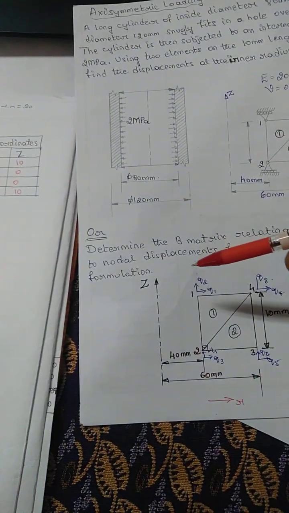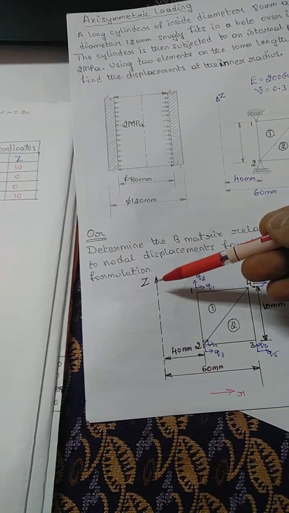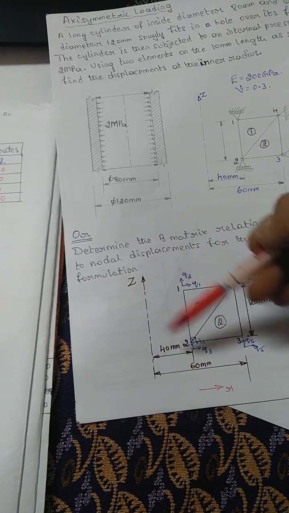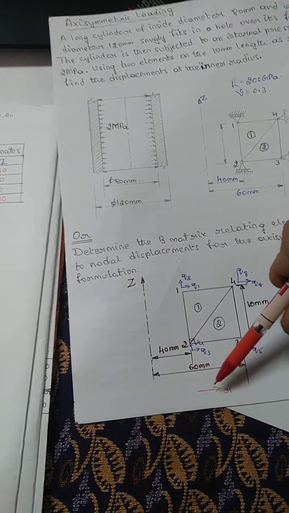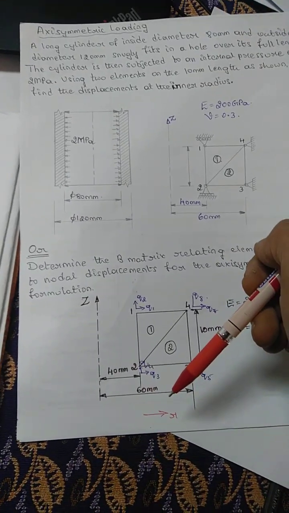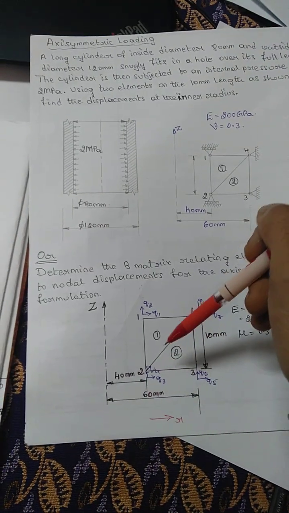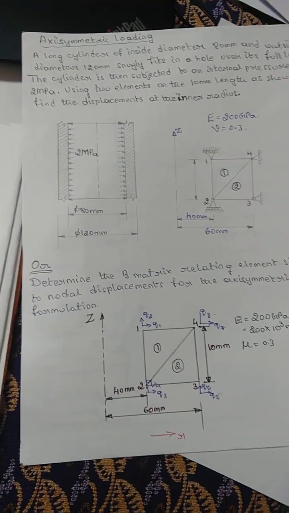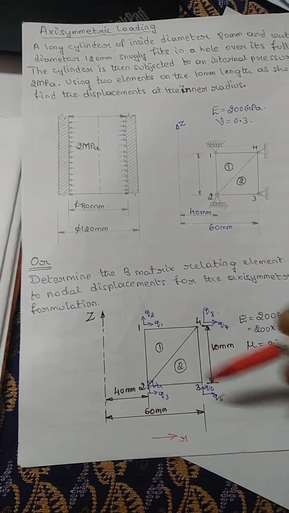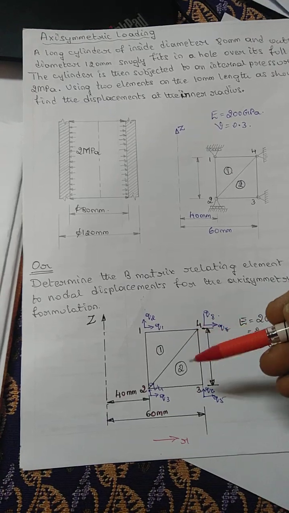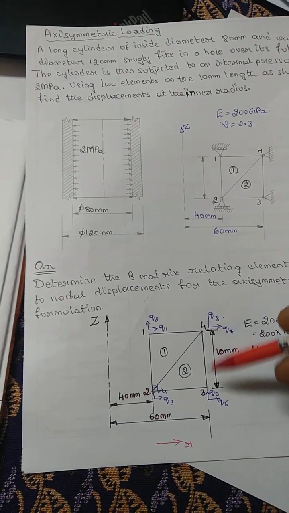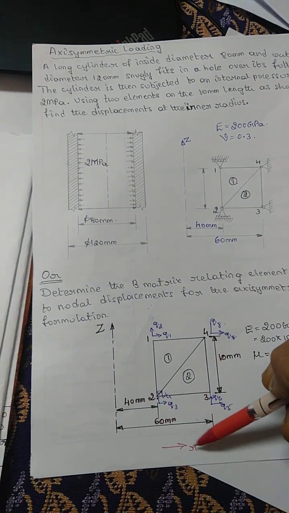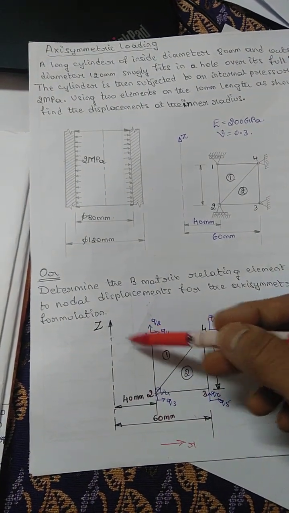Remember that in an axisymmetric problem there is no y-axis; only z and the radius r matter. The theoretical portion required for this derivation I will upload in the next video, or along with this video, or you can refer to any other textbook. So in axisymmetric loading, only radius r and axis z are considered.